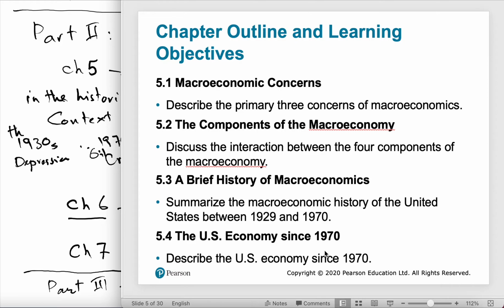And in 5.3 we will give a brief history of macroeconomics, starting from the Great Depression and the emergence of the John Maynard Keynes revolution in economics, and ever since we have a course called macroeconomics.